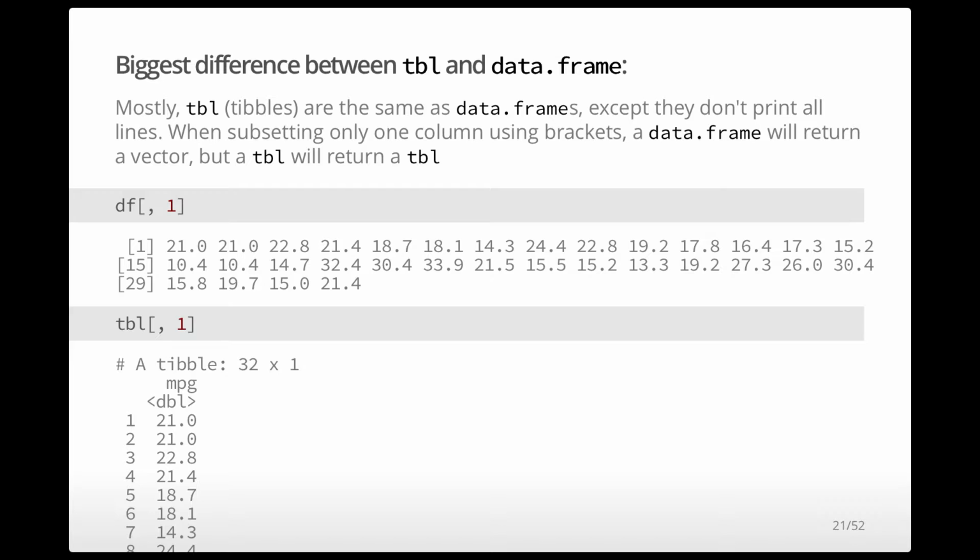Maybe it's a subset of 2 columns, like your code says, give me the columns that match this criteria, and in this case, it was only 1 of them. It gave you a vector. But many times when you do this, you don't want it to just grab that column. You want it to keep the row-column structure. That consistency is here. It returns the same type of object after doing a subsetting operation. There's a tibble, you subset, you get a tibble. Data frame, you subset, if it was 2 columns, you get a data frame. If it was 1 column, you get a vector. Inconsistent, more consistent.